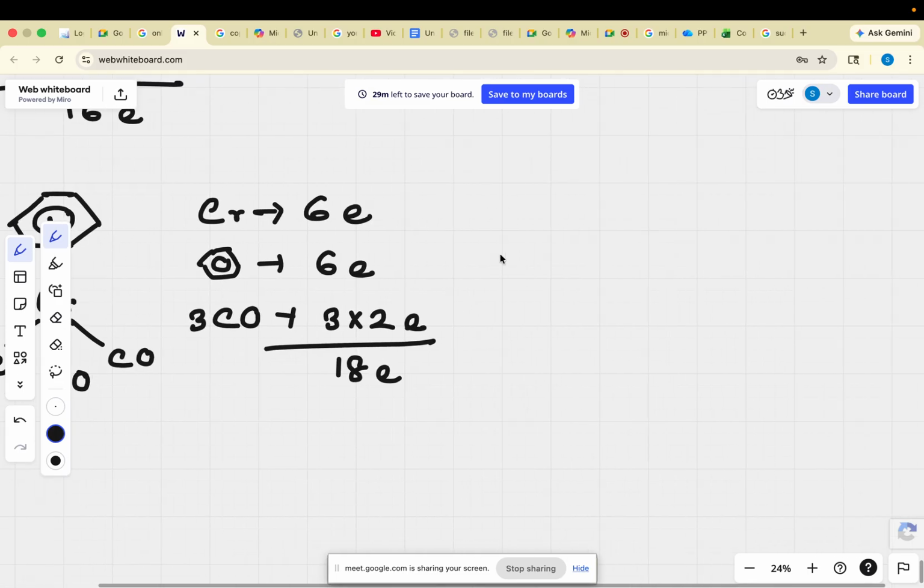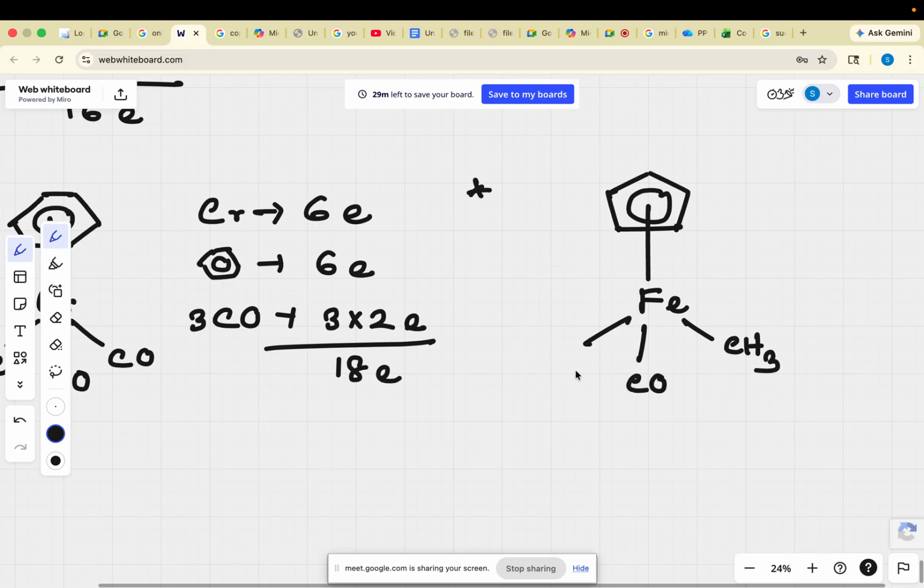Okay, good. Now suppose you have this. You have a 5-membered ring here. In this example, tell me. 18.